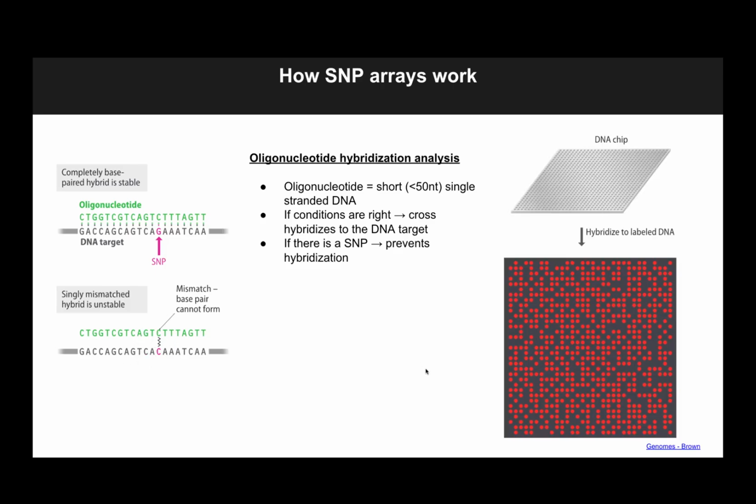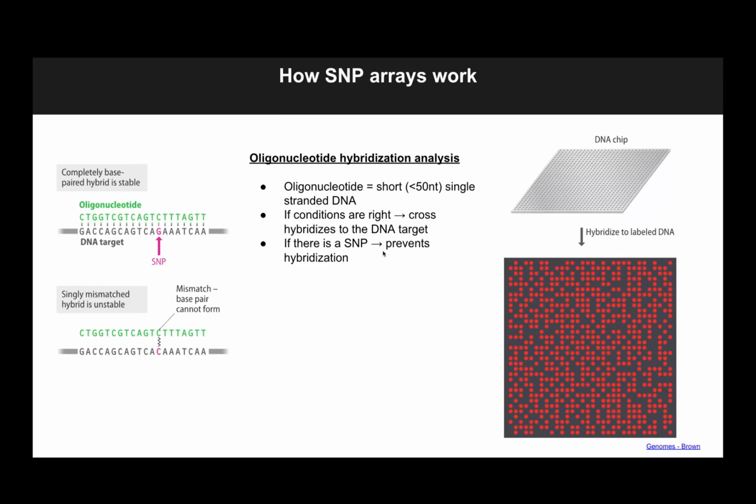And what these DNA arrays or DNA chips or all these assays, which I'm going to talk about in just a bit, try to do is understand whether the hybridization is happening or not. This, for example, is a GWAS slide, where each dot is one kind of oligonucleotide tethered to it.